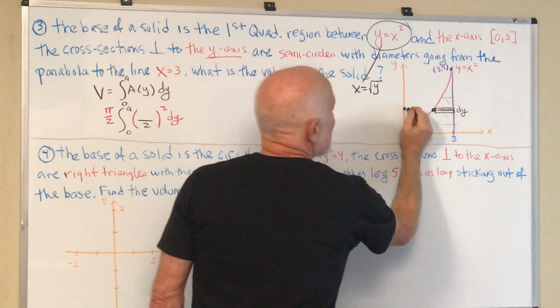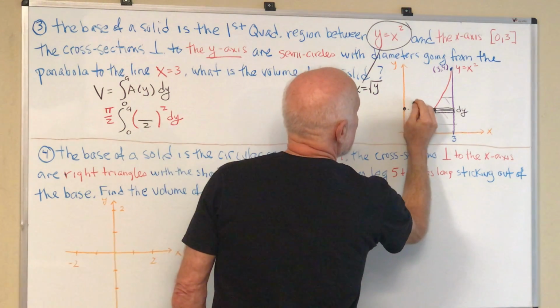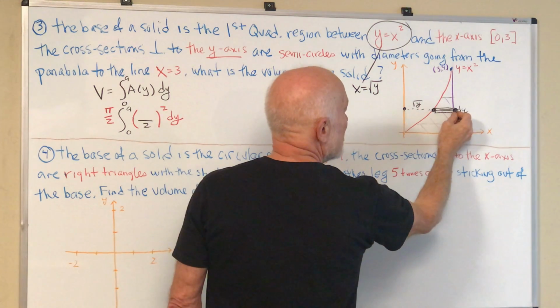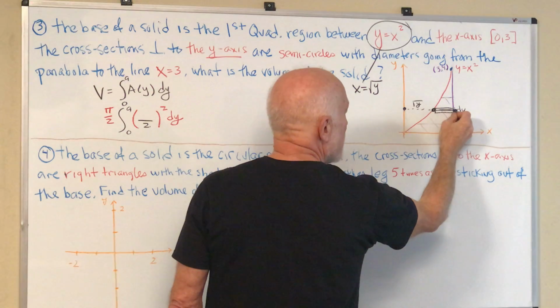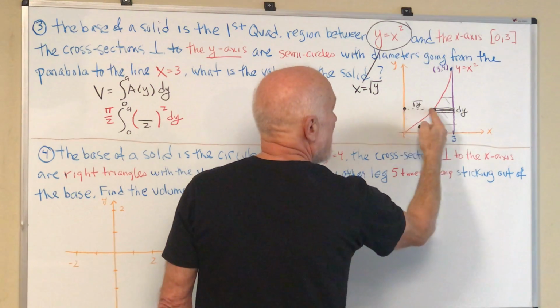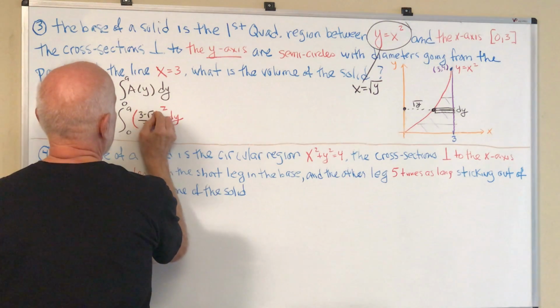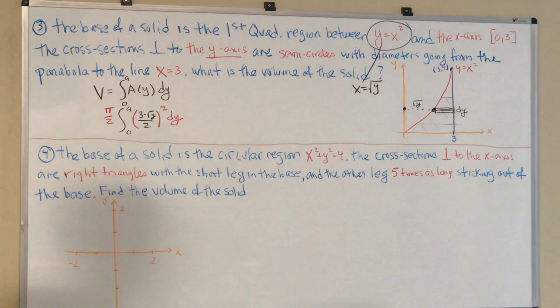So that means this distance right here is the square root of y. And this distance here is 3, so what we have is 3 minus the square root of y. And that would be your setup.